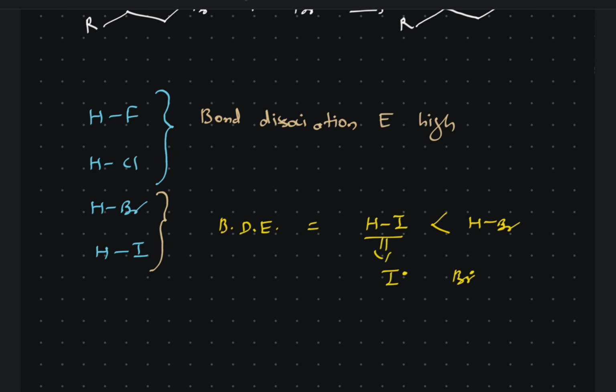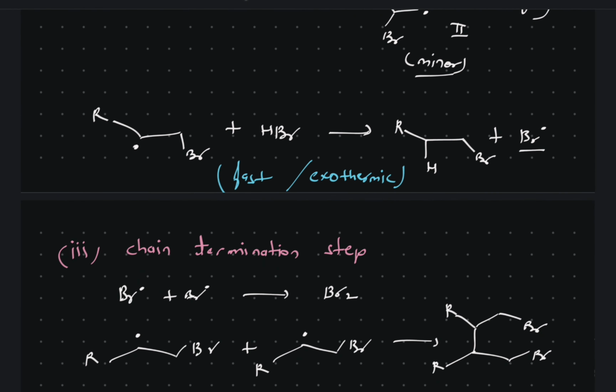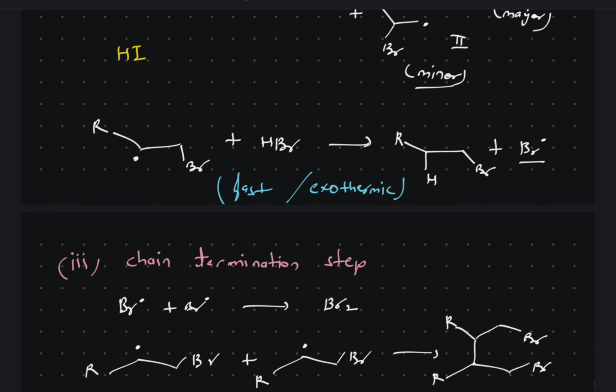But still it does not follow the peroxide effect, because the propagation step with bromine is exothermic and kinetically favorable. But whenever we use HI and iodine forms, this step is endothermic, so it is a kinetically unfavorable step. That's why HI does not show the peroxide effect here.